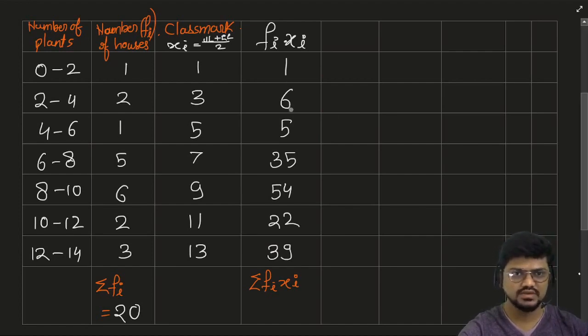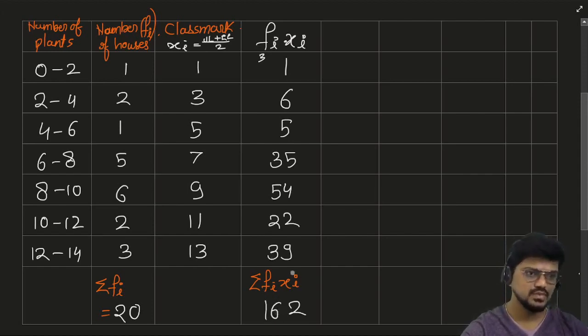So 1 plus 6 is 7, 7 plus 5 is 12, plus 35 is 47, plus 54 is 101, plus 22 is 123, plus 39 is 162. Fine.